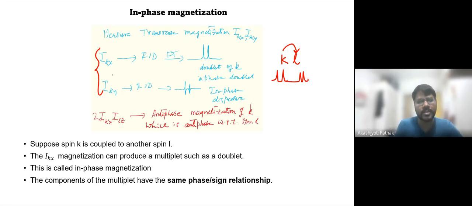Other than these IKX and IKY signals, you can have other magnetization terms as well, like 2IKX ILZ.